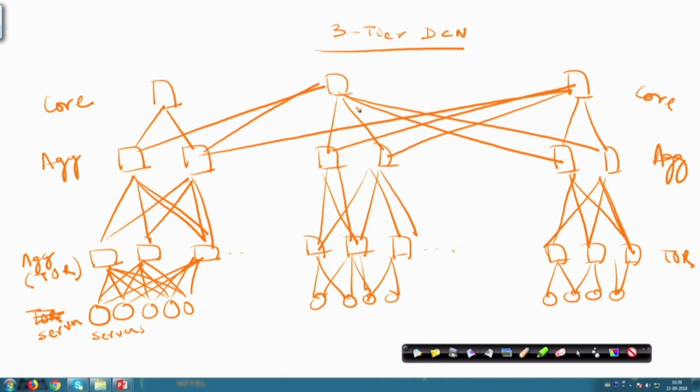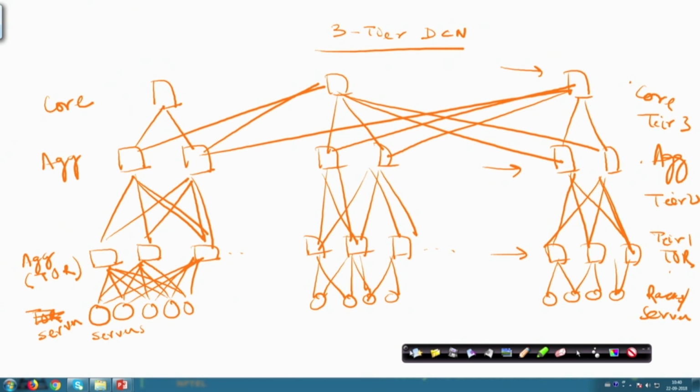You are going to have a huge data center network with racks and servers at the very bottom layer, then you have the Tor layer, then the aggregation layer, and then the core layer. So, Tor, aggregation and core, these are the 3 different tiers. This becomes your tier 1, tier 2 and tier 3. So, this is how a 3-tier DCN looks.